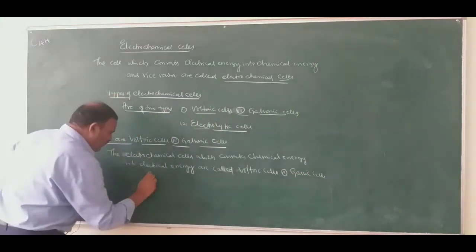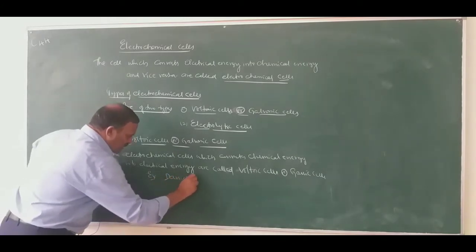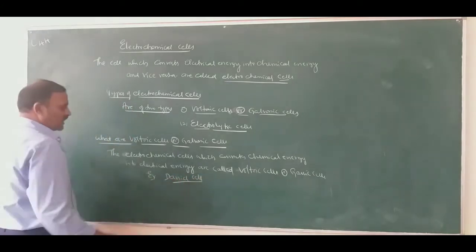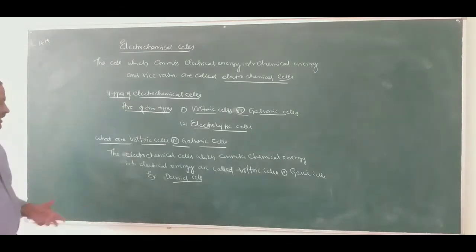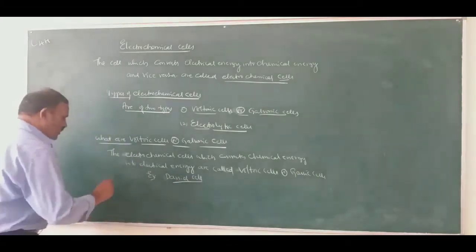An example for a voltaic cell or galvanic cell is the Daniell cell. Later on we will discuss what are Daniell cells in detail.